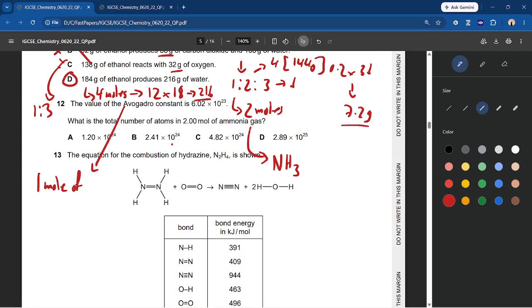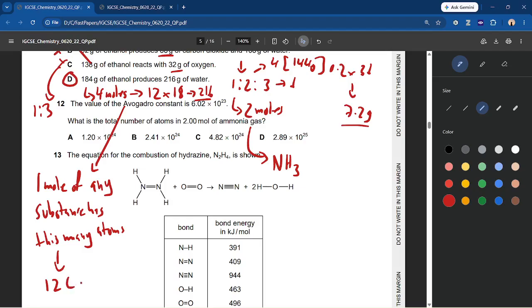Anyways, 1 mole of any substance has this many atoms. Now, when Avogadro stated this, he did this in relation to the carbon-12 atom, so 12C.